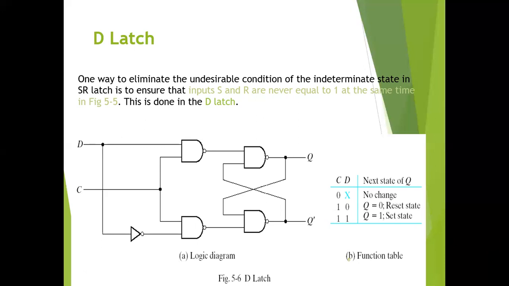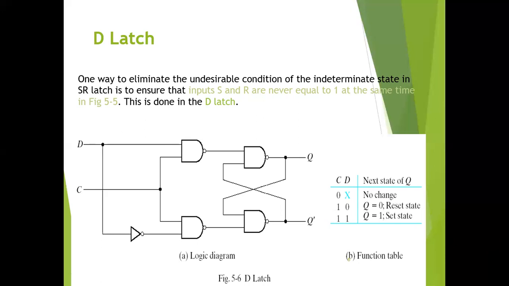This situation provides a path from the D input to the output, and for this reason the circuit is also known as a transparent latch, because it transfers the input as it is to the output.